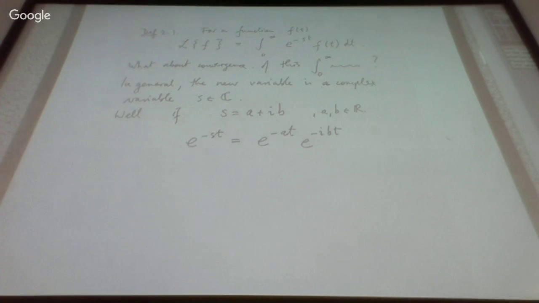I skipped a step there: you replace the s on the left-hand side here with a plus ib, multiplying t, but then you've got an exponential of a sum, so that will split up as the product of the exponentials.